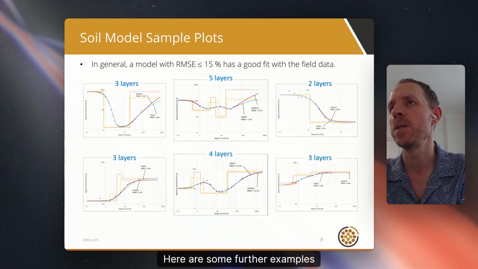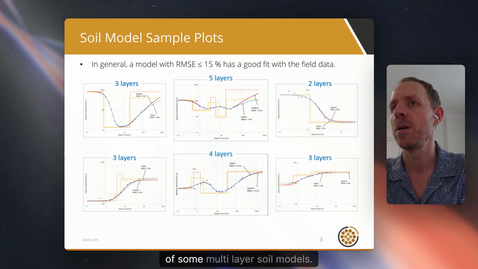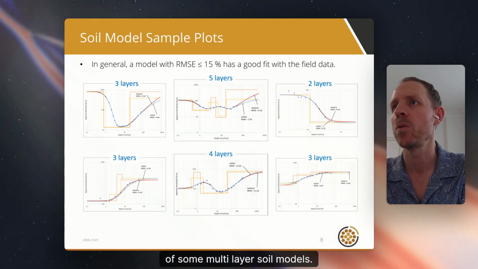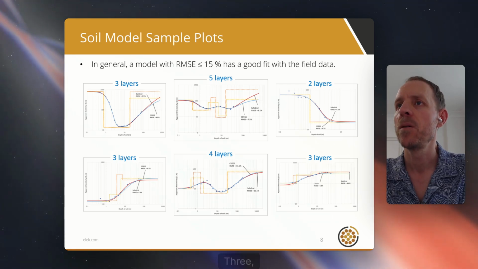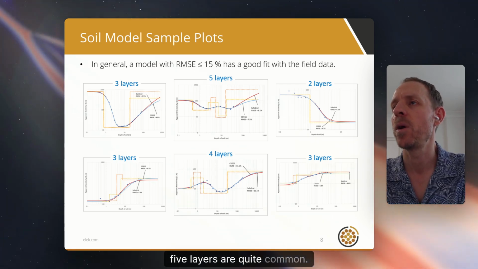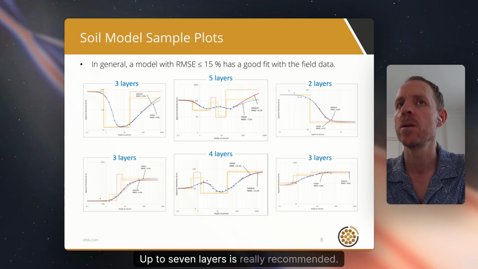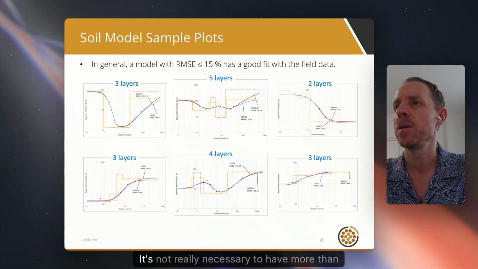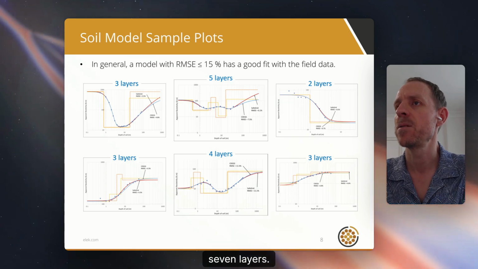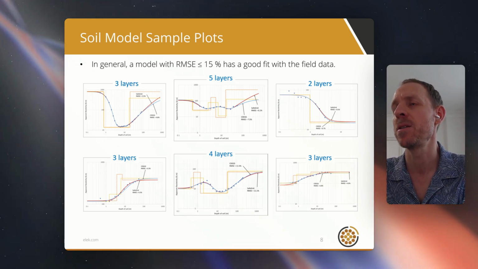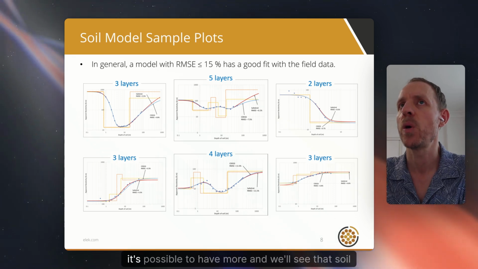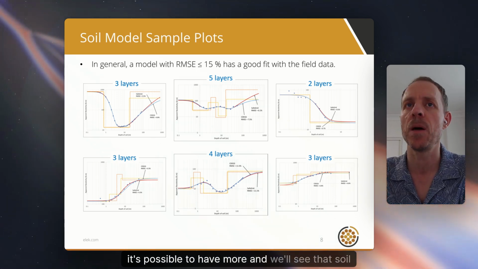Here are some further examples of some multi-layer soil models. You can see 3-layer models, 5-layer, 2-layer models, which are quite rare. 3, 4, 5 layers are quite common. Up to 7 layers is really recommended. It's not really necessary to have more than 7 layers. But having said that, after seasonal correction, it's possible to have more, and we'll see that.